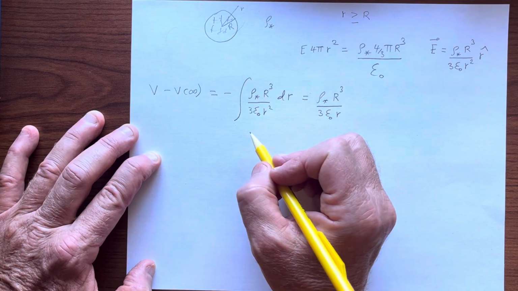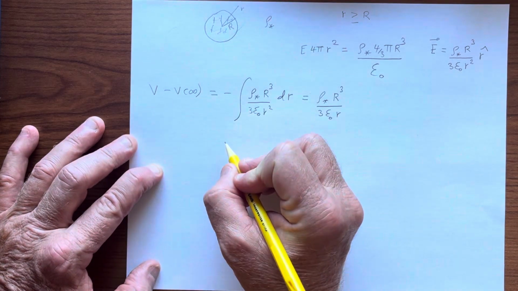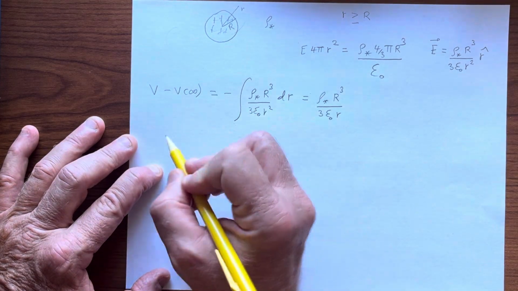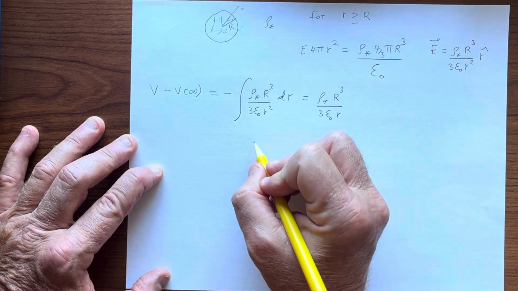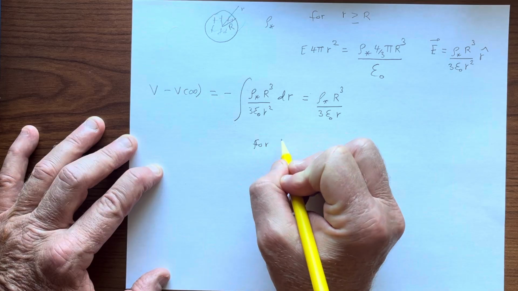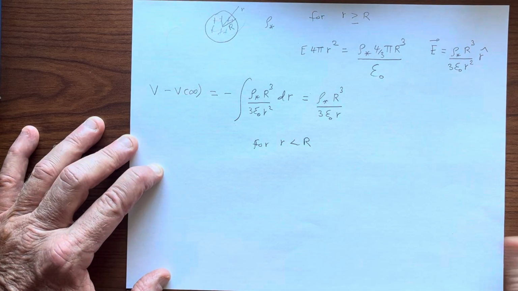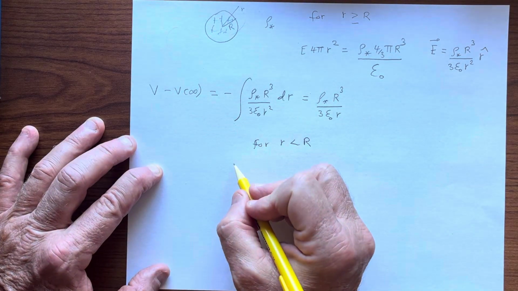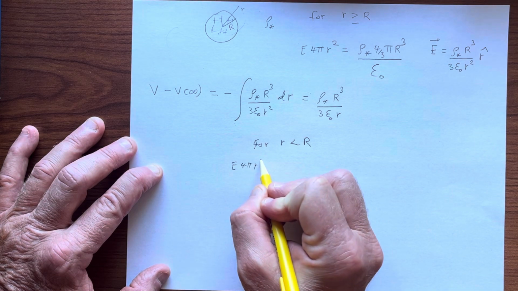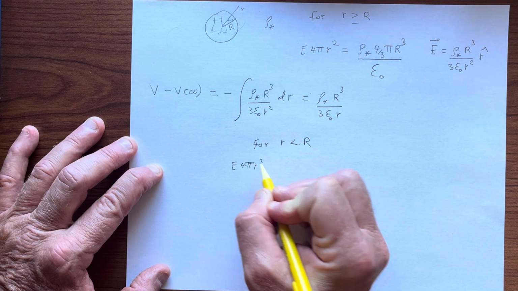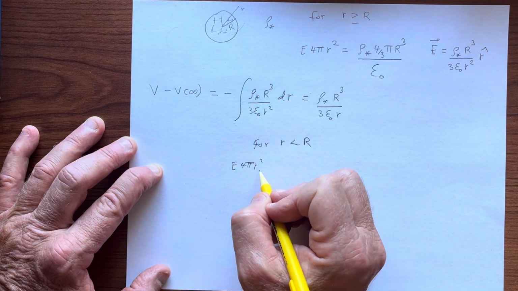Now, what about the electric potential inside the sphere? In that case, we need the electric field inside the sphere. So that was for r greater than capital R, and now we want r less than capital R. Gauss's law reads E times 4 pi r squared, where this r satisfies that.